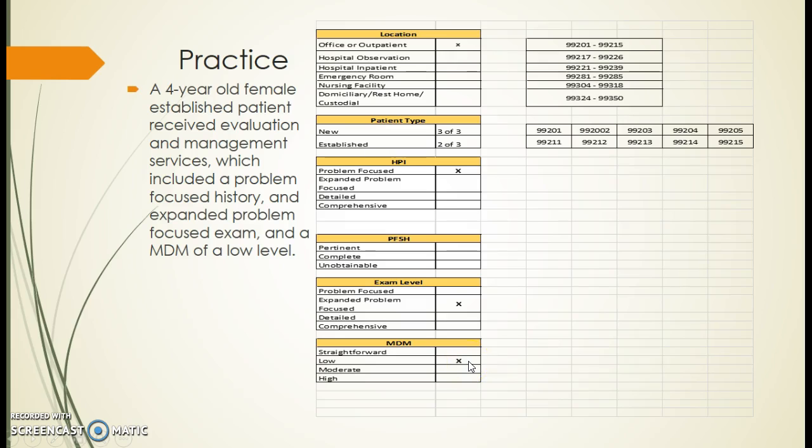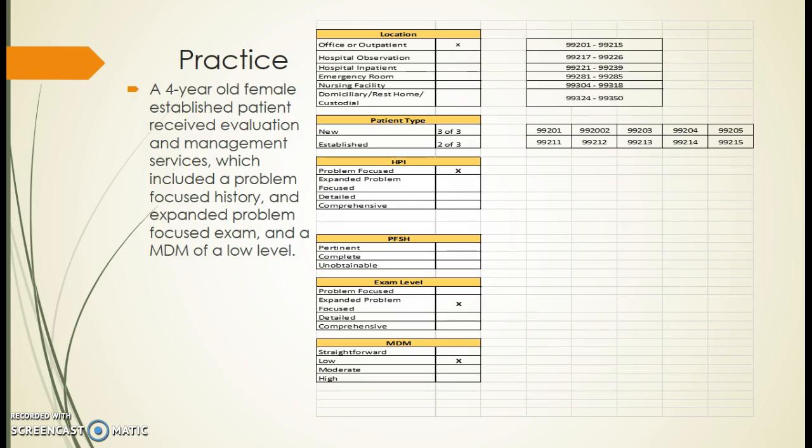Since she's established, we only have to have 2 of those 3. And we know that those codes for an established outpatient or office visit are going to go from 99211 to 99215.